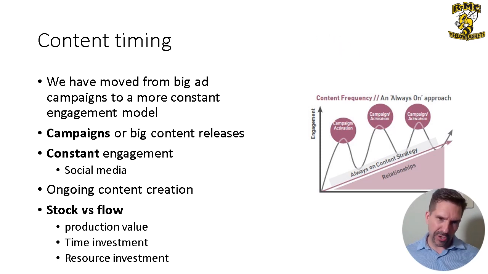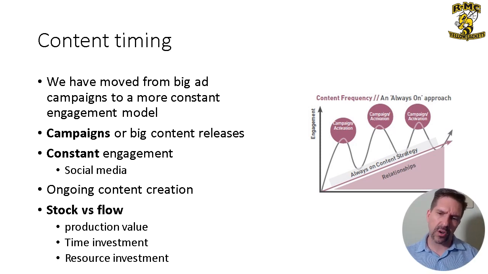And not only do you need to coordinate, but you're going to have to start planning how that content is going to be created, but also disseminated and distributed. Now to do this, you need to acknowledge the fact that if you compare with more traditional marketing, when you have these big campaigns like ad campaigns, between ad campaigns there is pretty much not a lot going on in terms of messaging.